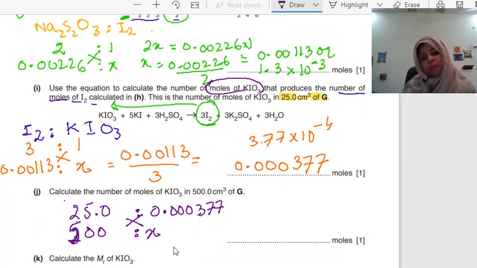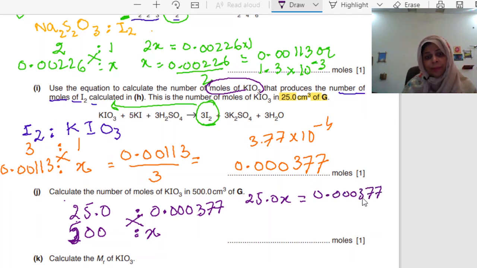If we cross multiply, we can use it like this: 25.0 times x is equal to 0.000377 moles times 500.